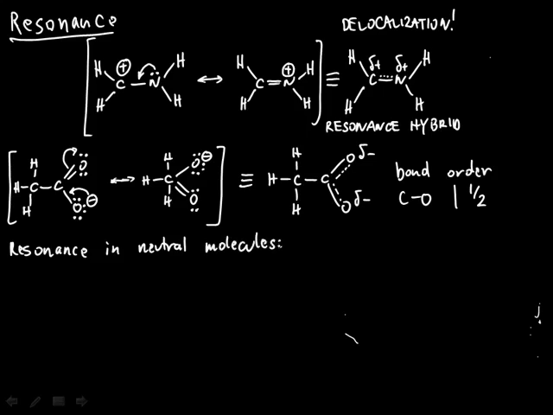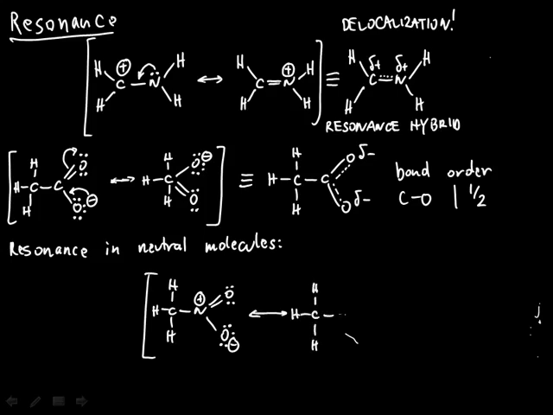For example, if we look at nitromethane, which is a very common solvent in organic chemistry, its structure is somewhat resemblant of an acetate anion. Of course, we have nitrogen here, which means the nitrogen will have a positive charge on it. And overall, the molecule is still neutral, but it does have formal charges on its atoms, and it can also exist in two different resonance structures.